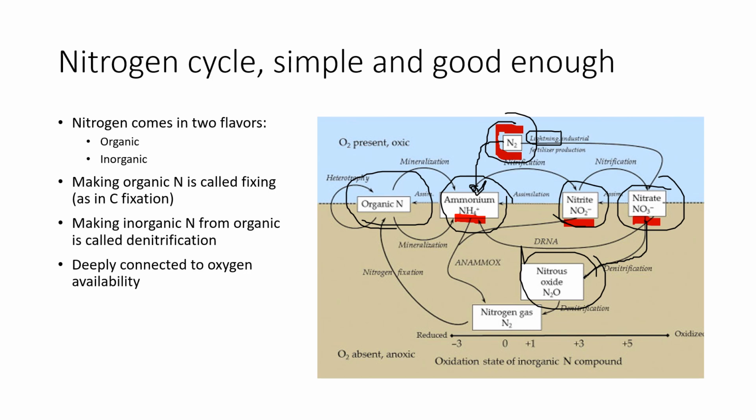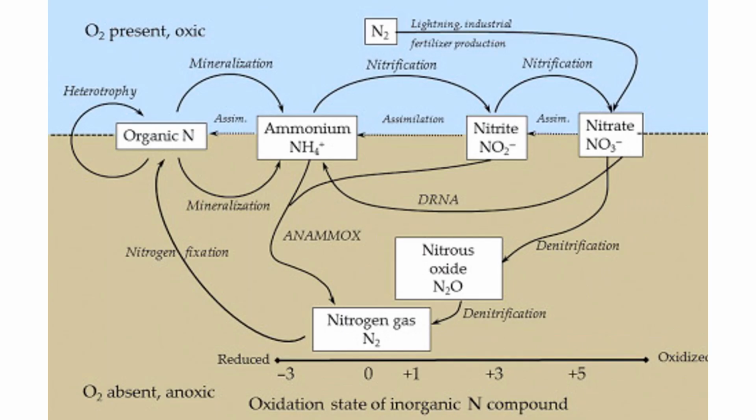And organic nitrogen can be used for a long time as an organic nitrogen, although it can be broken down and converted back to other things through a process called mineralization and then liberated again into the atmosphere. This is a zoomed in version of it. I'm going to leave this as an available slide so that students that are trying to study this have a chance to see it. The other thing I want to point out is that O2 is really important in this process, so we're going to talk about O2 a bit in this lecture.